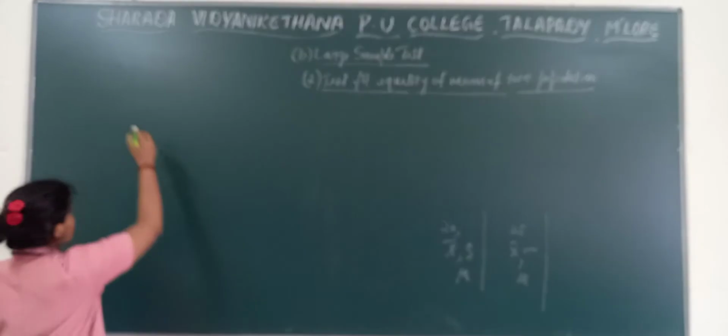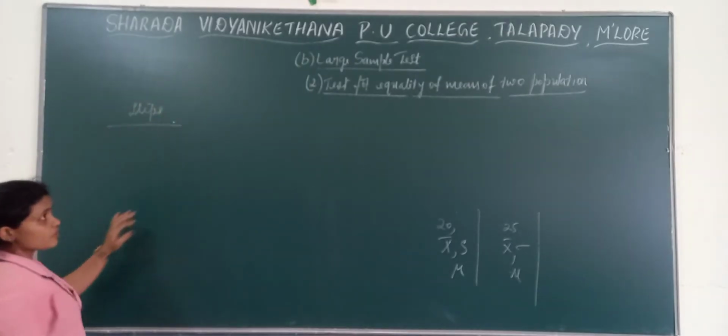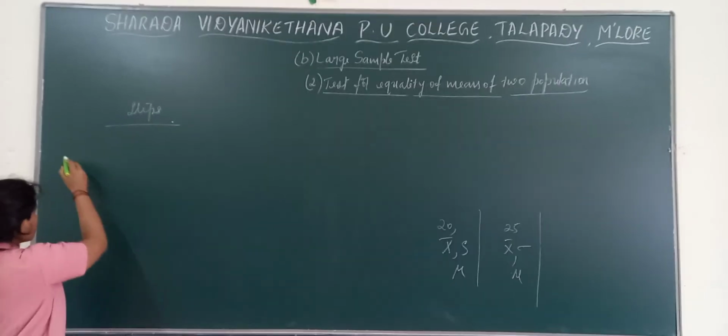Now we will write the steps how to conduct this test. First step comes setting of null hypothesis. Since we have two populations here, we need to set the null hypothesis as the population means are equal.